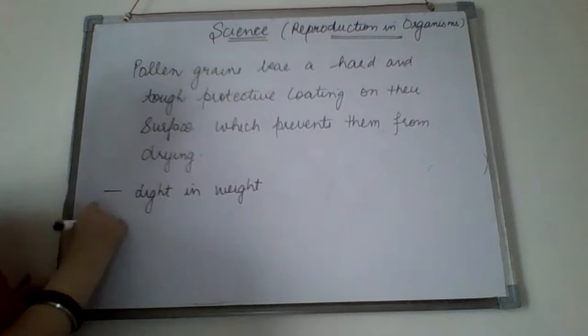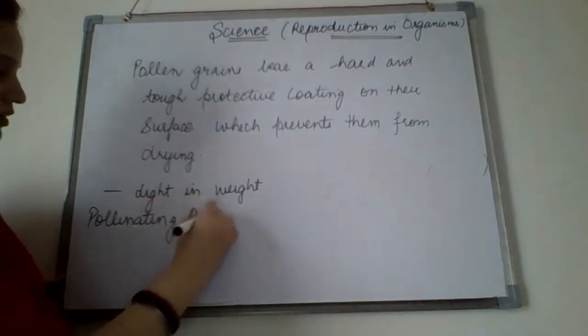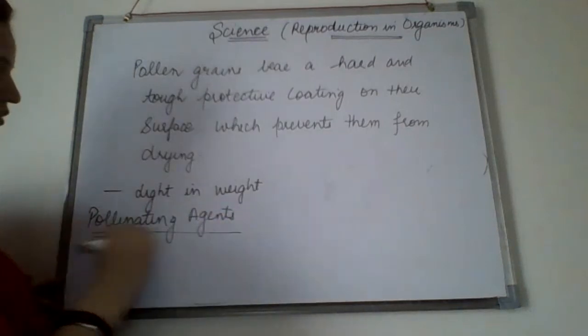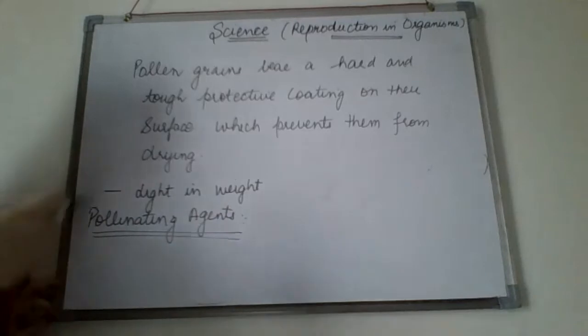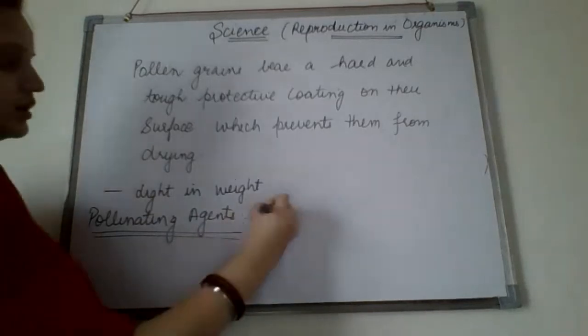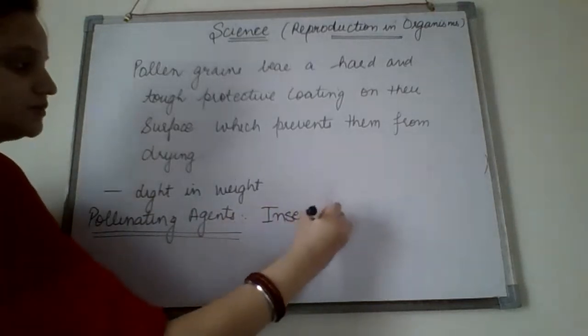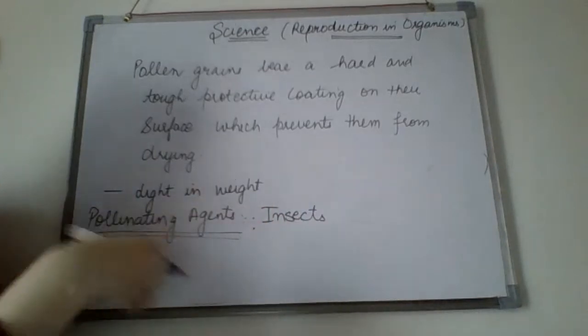Now what are the pollinating agents? Agents means the workers who are transferring these pollen grains from the anther to stigma. The various agents that bring about this transfer can be insects, as pollen grains can stick to their body, so in this way there is transfer.